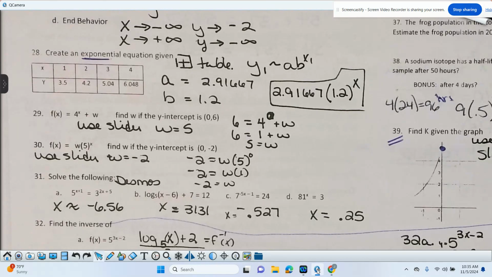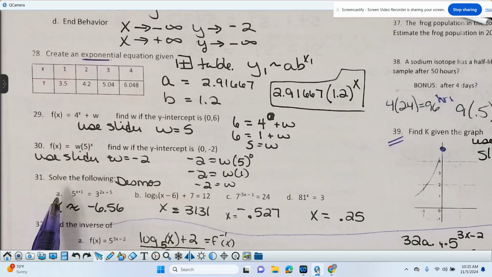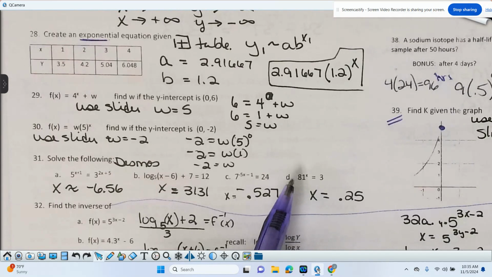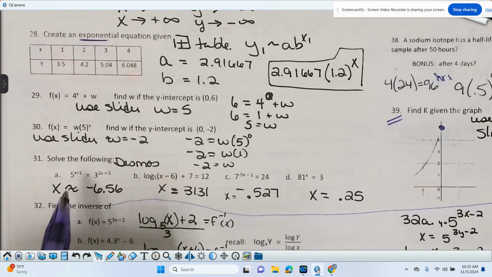Okay, number 31 says solve. So all of these are different problems, but we can put each one of them in Desmos, right? I can put this in my box 1. I can put this in my box 2.